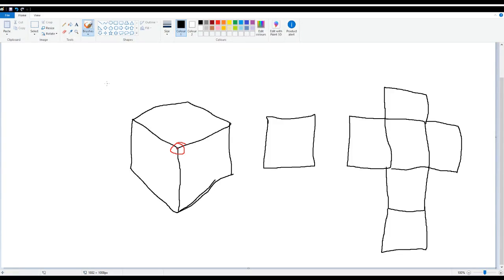For example, if you had stairs, my drawing skills are not amazing, I'm sorry. If you had stairs, for example, or you had a pillar.